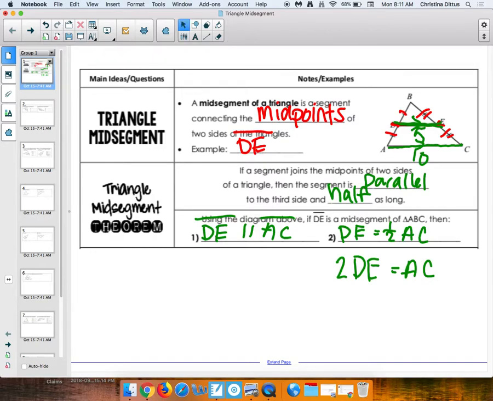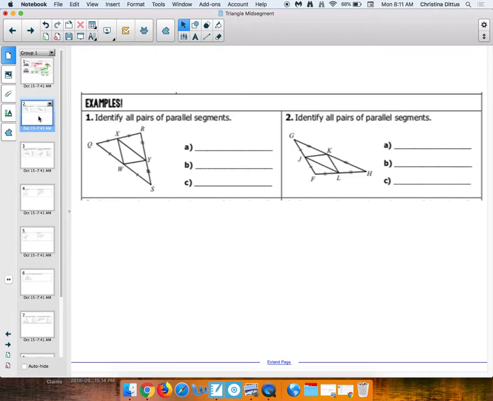Alright. So looking at some examples, I need to identify pairs of parallel segments. So let's look at this line XY. It's a mid-segment of my big triangle. So what side is it parallel to? QS. Good.